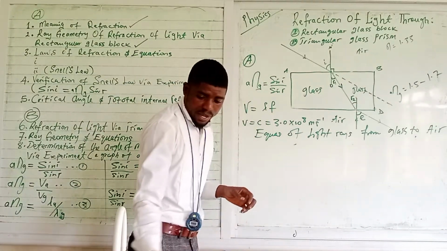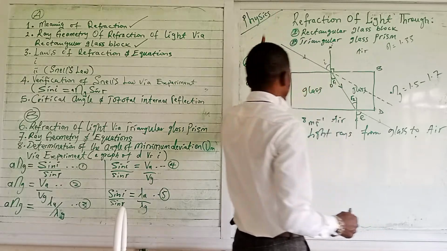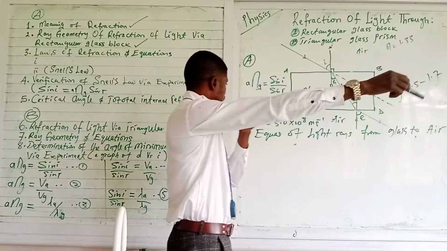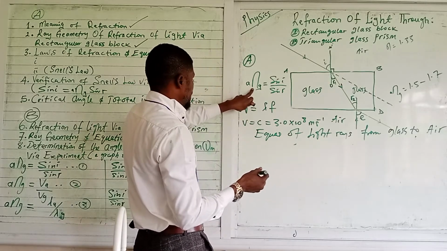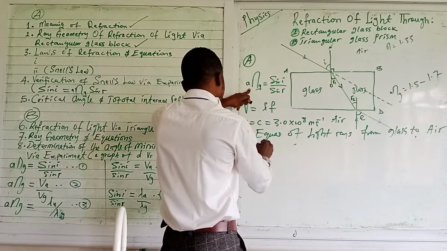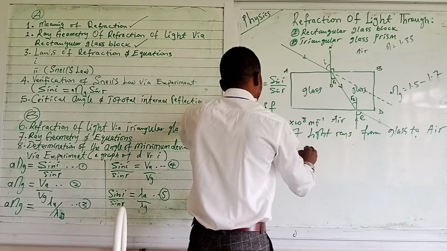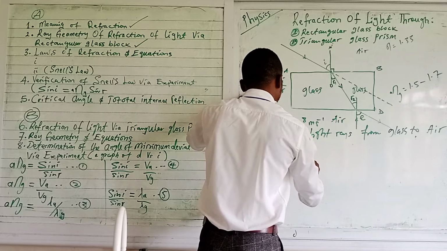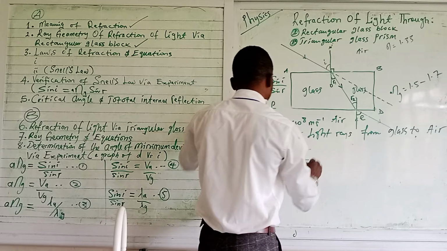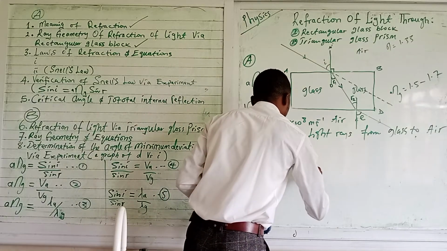So when the light ray is traveling from air to glass, from glass to air, this is what you have. You change this: sine G over sine A is equal to the sine of R divided by the sine of I, sorry.